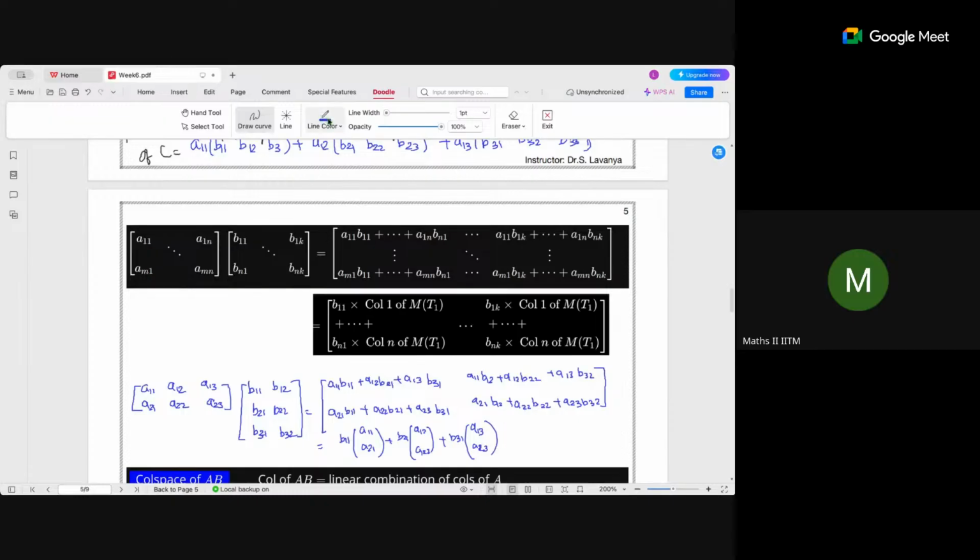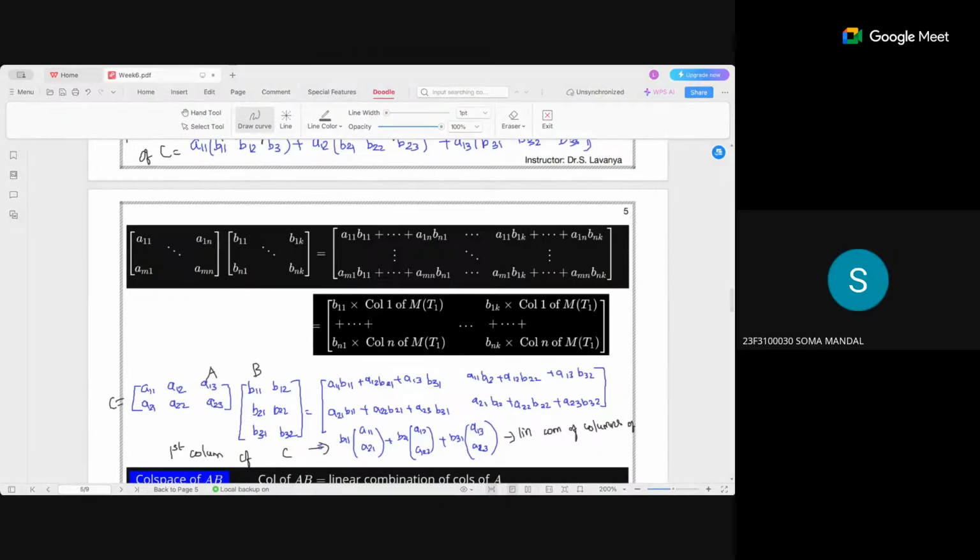So you notice that this is your first, so let's call this C. This is your first column of C, right? And this is a linear combination of columns of which matrix? A or B?